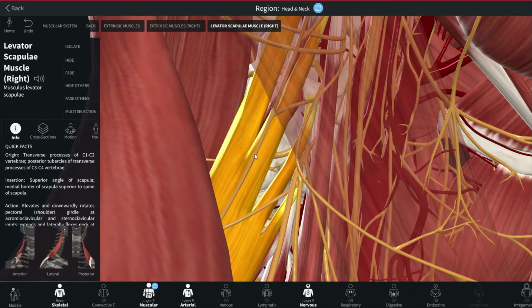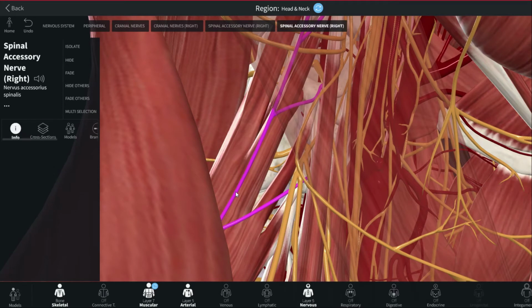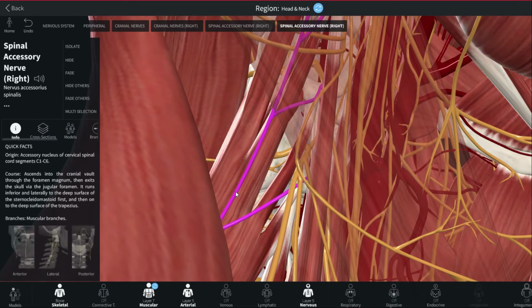So the spinal accessory nerve and the levator scapulae muscle fibers are almost parallel to each other. Pretty self-explanatory. That is another piece of information which you might choose to remember: the spinal accessory nerve runs parallel to the levator scapulae.